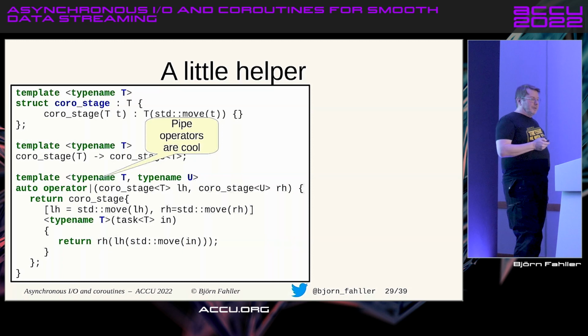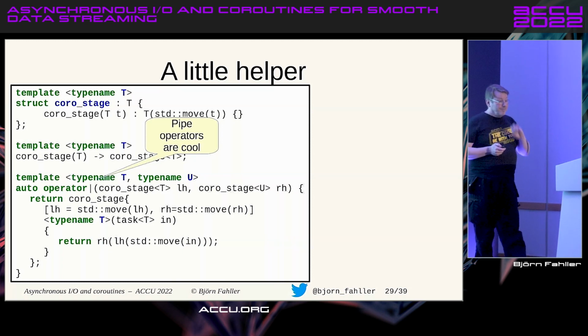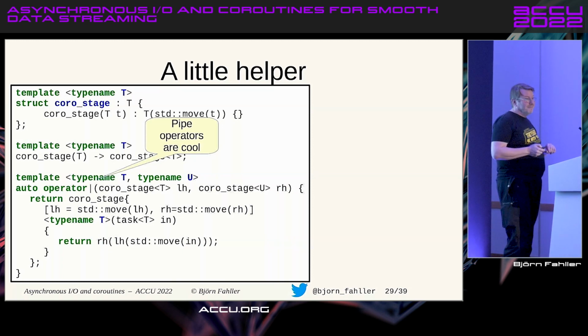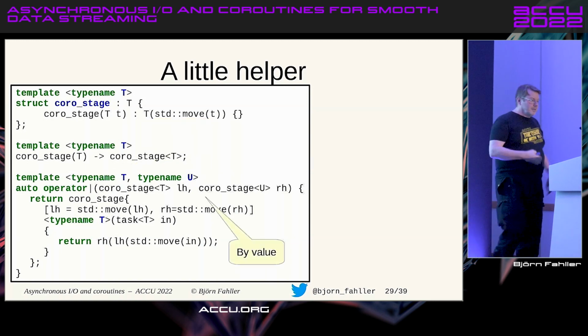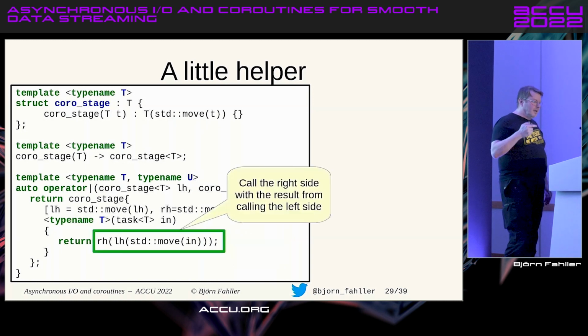And then we create a pipe operator because pipe operators are cool. And they are. It takes Coro stages by value, and it returns a lambda that captures the two coroutine stages. And when it is called, it calls the right hand with the result of the left hand with the result of whatever it was called with.